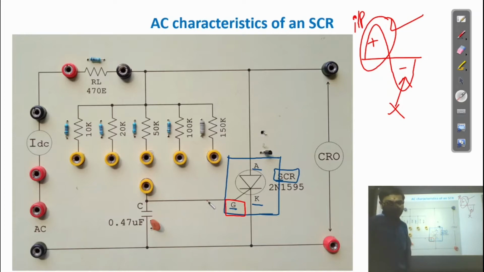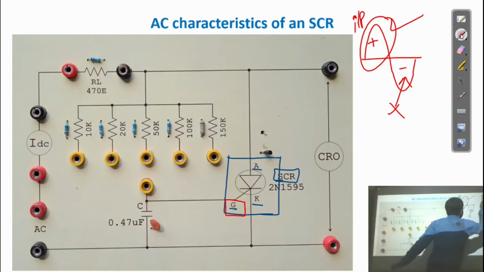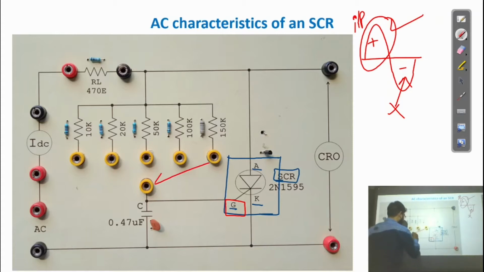Now what happens is that different values of resistance will give different values of gate current when connected over here.